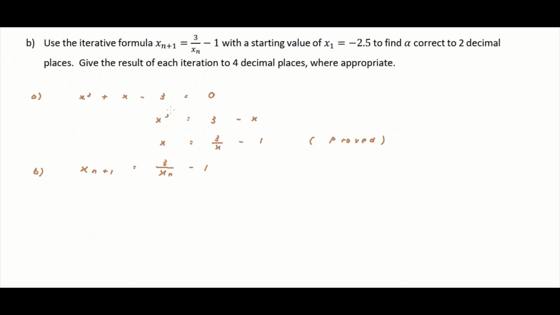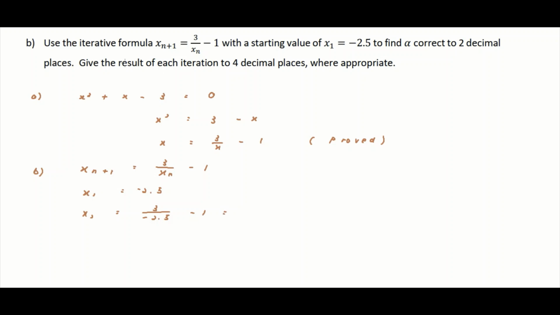We need to start with the starting value of negative 2.5. I hope you still remember how to use your calculator to do that. If you are worried about whether you need to write the substitution or not, I recommend that for the first two you write it. So 3 over negative 2.5 minus 1.